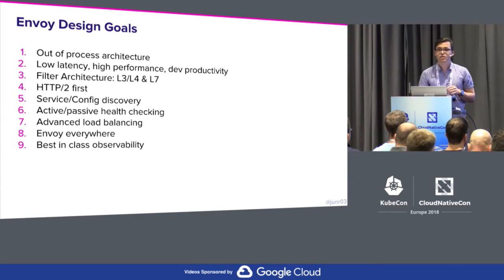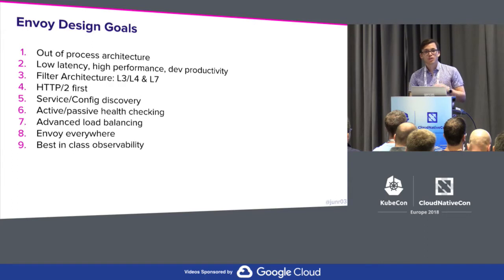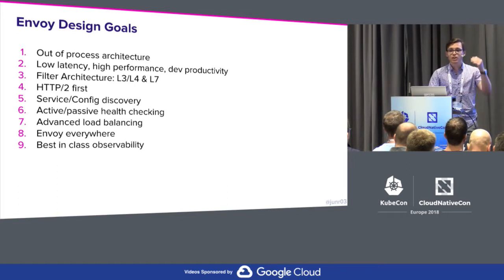And this gives us two very important things. One, we don't need to rewrite it for every single language we support at Lyft. Lyft is a polyglot company, so we have Go and Python, PHP, and some Java. And in addition, because it's not a library, we can roll it out whenever we want. That means that we don't need to ask service engineers to upgrade their library every time we write something new. We just deploy a new binary out to the entire service mesh.